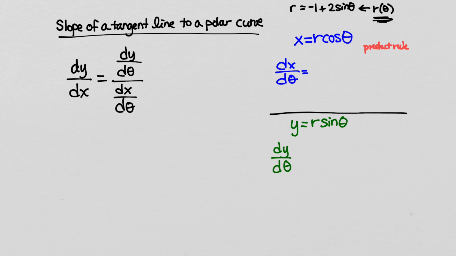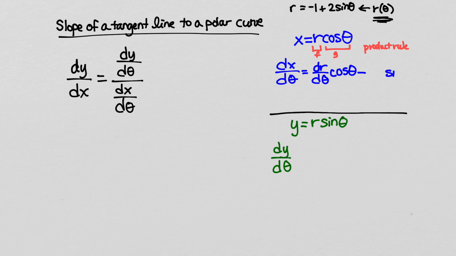Product rule: derivative of the first times the second, plus the derivative of the second times the first. How are we going to write the derivative of r with respect to theta? We're just going to write dr d theta. What's the derivative of cosine?